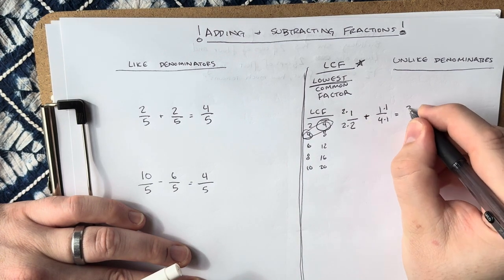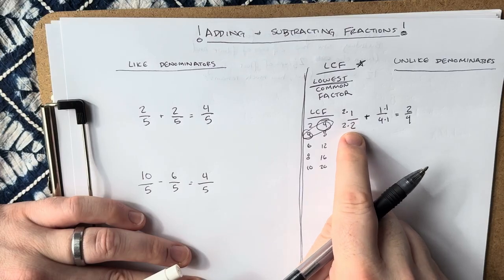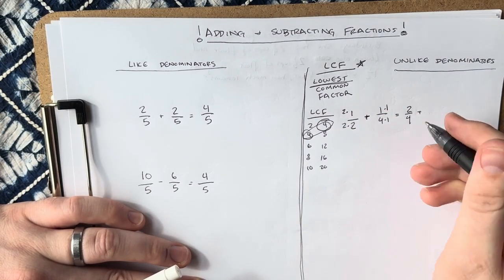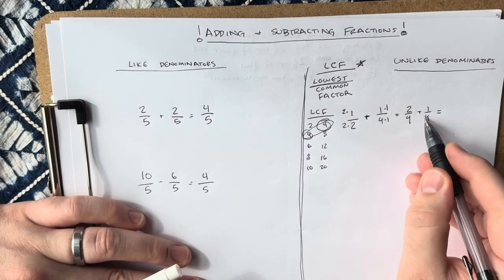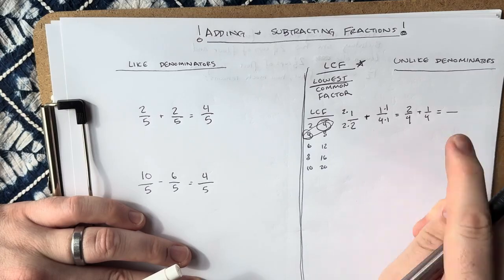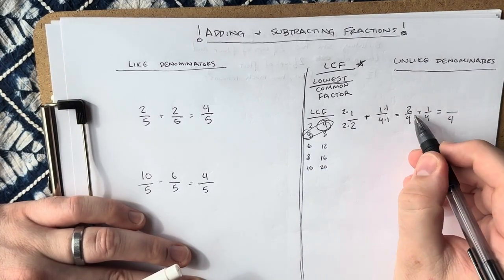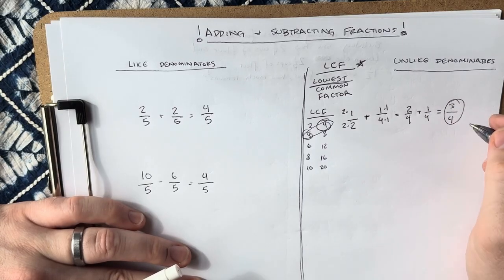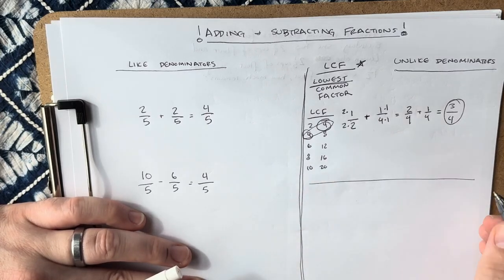We say 2/4, because I have to get this to 4, plus 1/4. So this becomes this problem. Since we have like denominators now, this carries over to our answer. Then we do this one over here, saying 2 plus 1 is 3. The answer is 3/4.